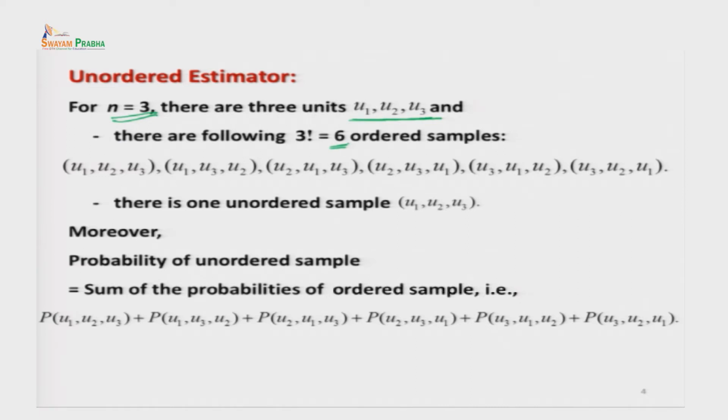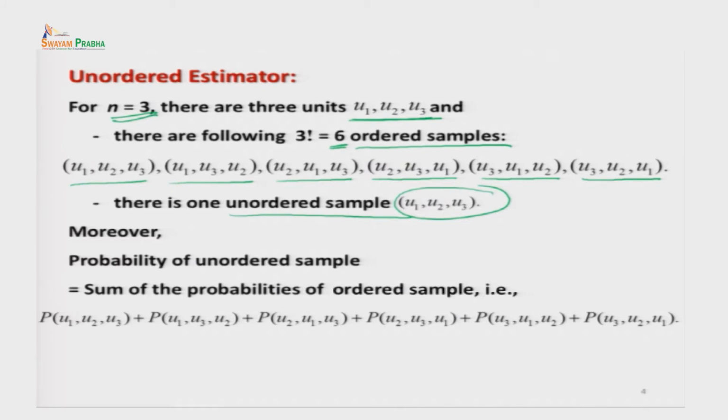So there will be 6 ordered samples. What are those samples which I have written here? u1 u2 u3, u1 u3 u2, u2 u1 u3, u2 u3 u1, u3 u1 u2, u3 u2 u1. But in case you ignore the order of the sample, then there is only one unordered sample, which is u1 u2 u3, that's all.